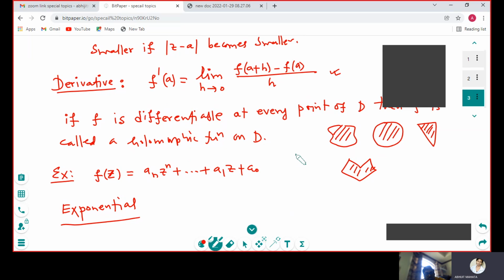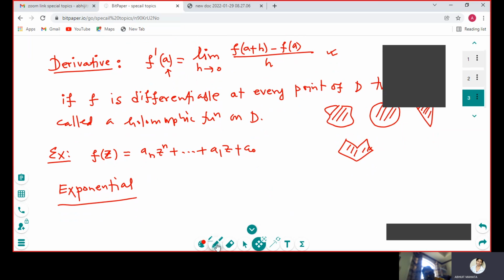To calculate the derivative of a complex valued function at a point a, you take the ratio of the difference of function values divided by h and take h tending to 0. If that limit exists, the function is differentiable at that point. Holomorphic on a domain means at every point it is differentiable. For example, the polynomial function is differentiable.